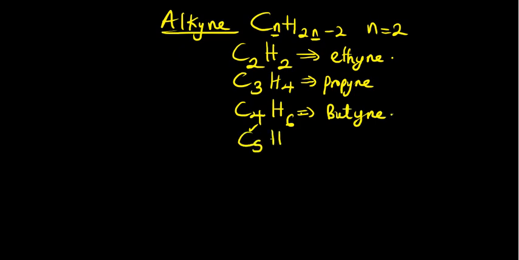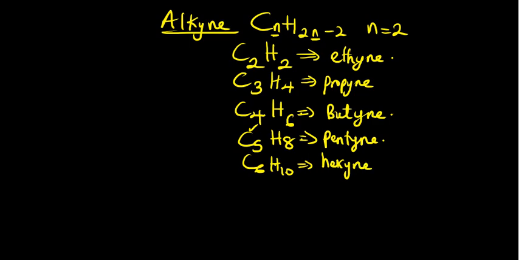Then C5, H8. So that will be called what? Pentyne. You will be using mathematics just like the way we did the previous one. C6, H10. So that will be what? Hexyne. C7, H12. That will be heptyne.